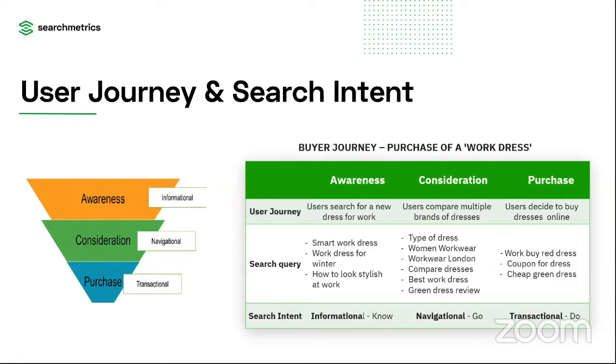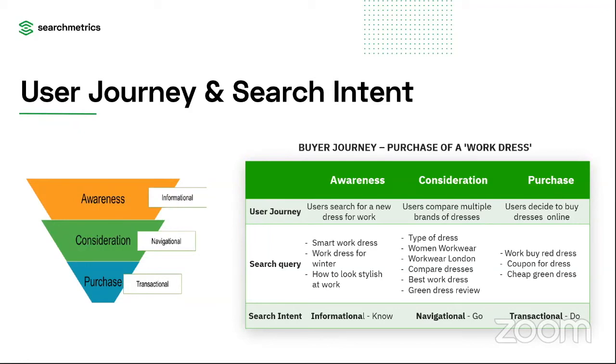So if the user is into awareness, this usually means informational in terms of search intent. If it's into consideration, it will be more navigational as intent, and purchase can be more on transactional. Obviously, there might be some variation, but in general, we tend to see that that's the way it tends to be.